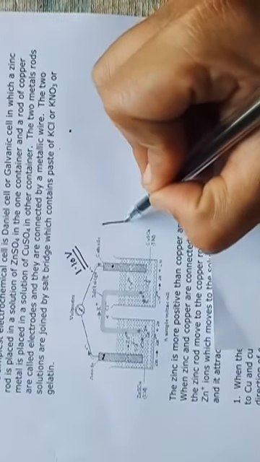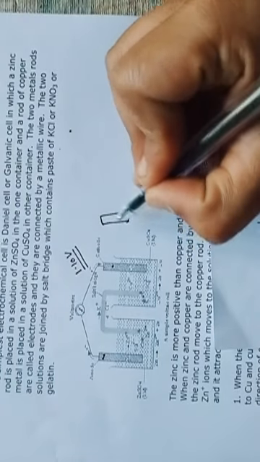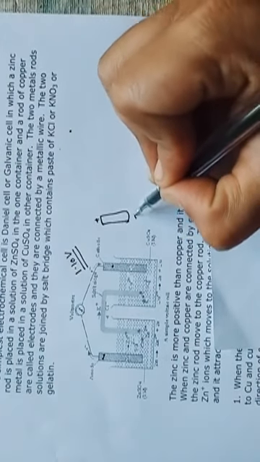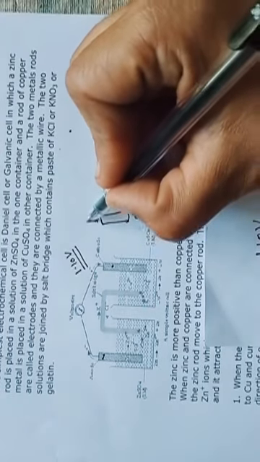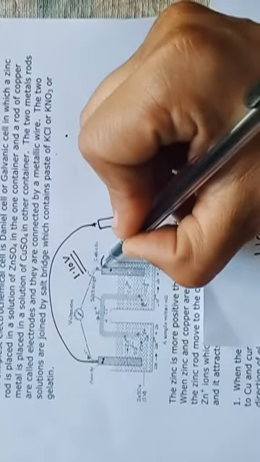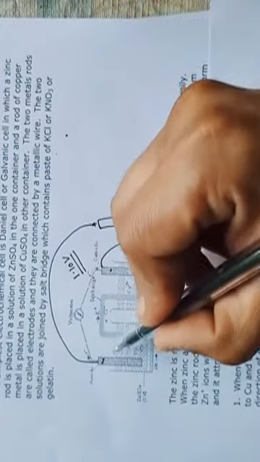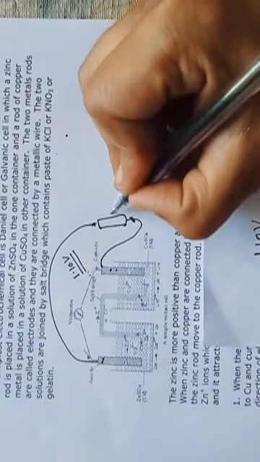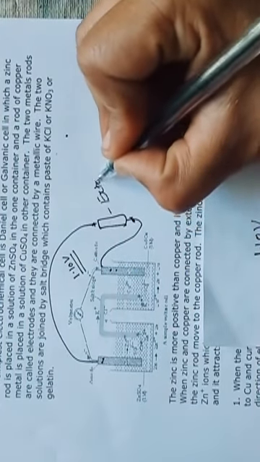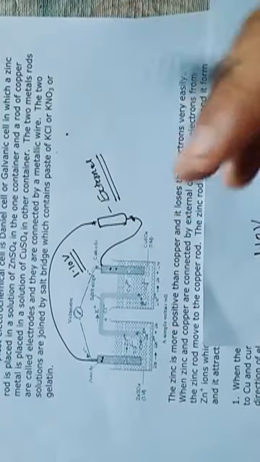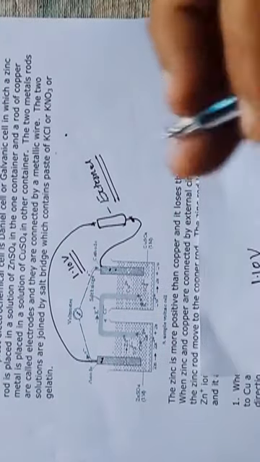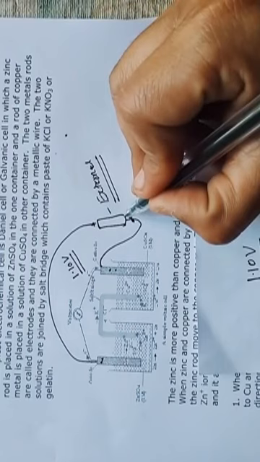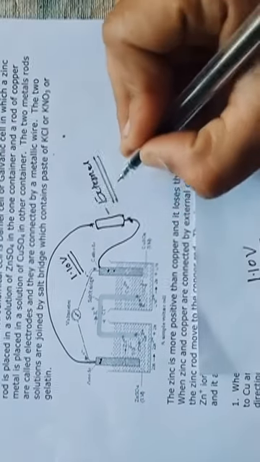Suppose this is a cell, it has a positive terminal and negative, and you are connecting this cell with this. It means now you have connected this electrochemical cell with an external source of current, now you are providing external current. Three things are possible depending upon the potential of the external source.